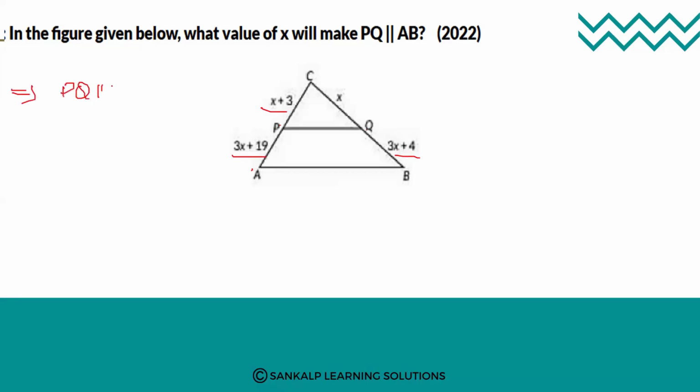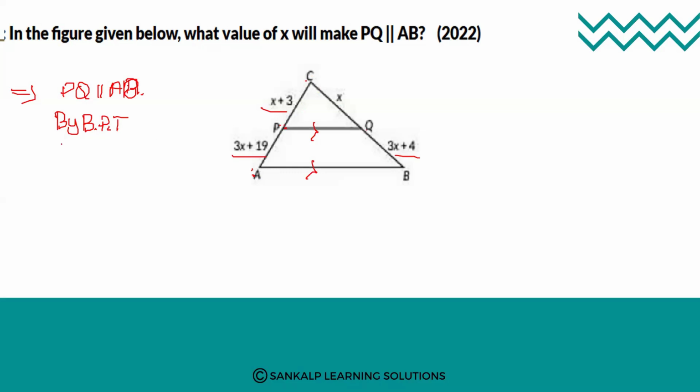PQ is parallel to AB. When PQ is parallel to AB, by using basic proportionality theorem, BPT, CP divided by PA and CQ divided by QB, because these corresponding sides are proportional.